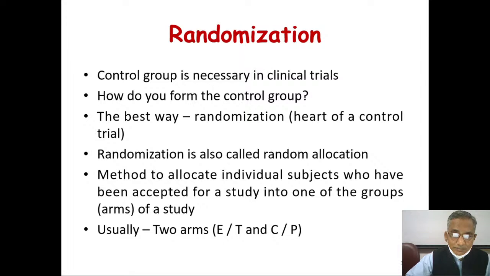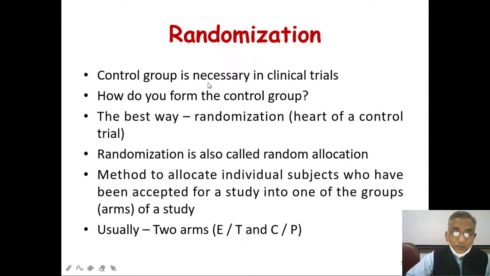So then he will have a temptation to enroll patients who are likely to benefit from his intervention, right? So that is allocation bias. So to safeguard from allocation bias, randomization is done. So randomization is done for three reasons: to safeguard from allocation bias, to have equal distribution of other factors in the two groups, and then the third one is to fulfill assumptions of statistical methods.